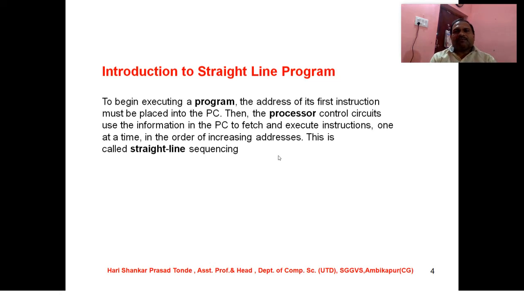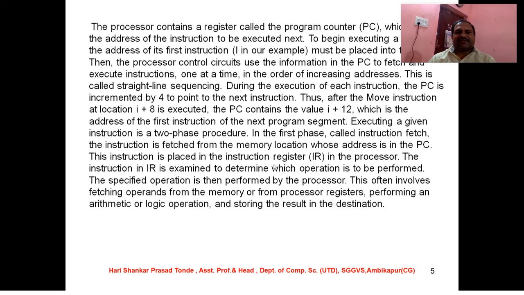In our programming concept, to begin executing a program, the address of its first instruction must be placed into the program counter. Then the processor control circuit uses the information in the PC to fetch and execute instructions one at a time in the order of increasing addresses. This is called straight line sequencing.